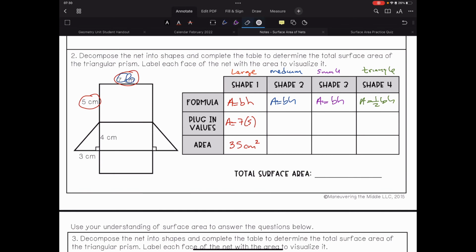For the medium rectangle, we have a height of 4 and a base of 7 centimeters. So this would be area equals 7 times 4. So that's 28 centimeters squared. Just write that in here.